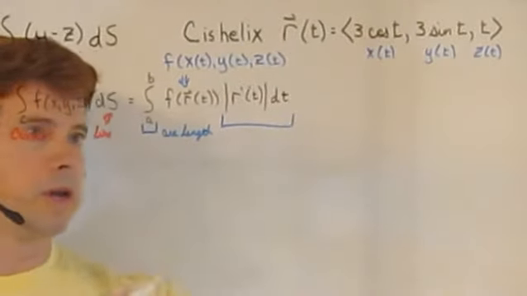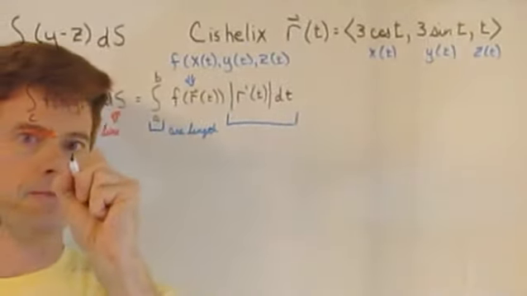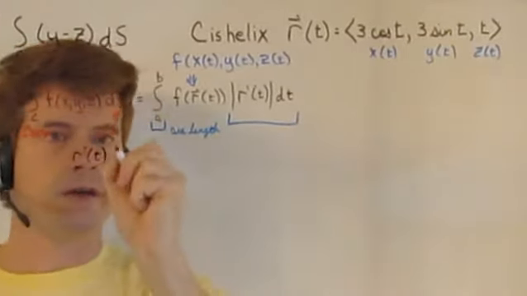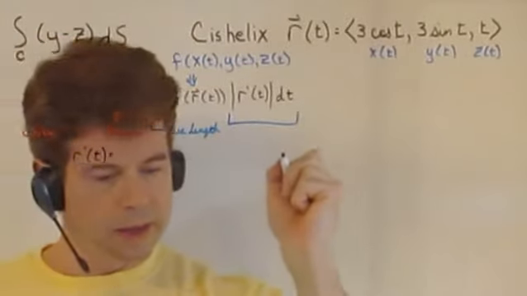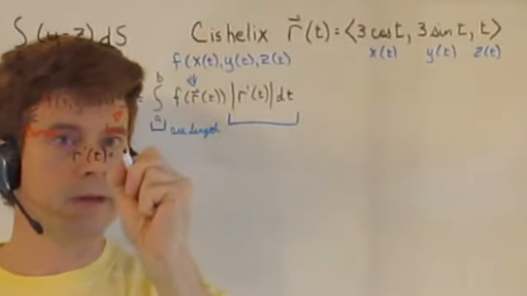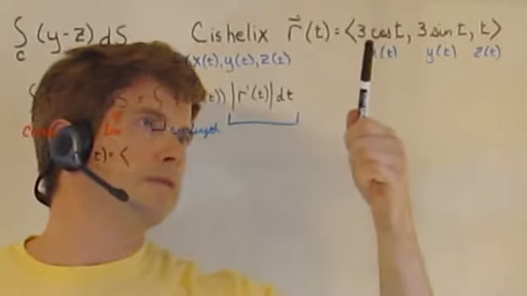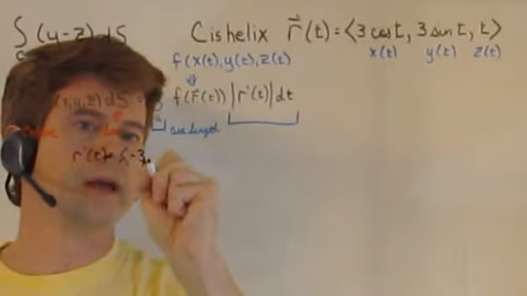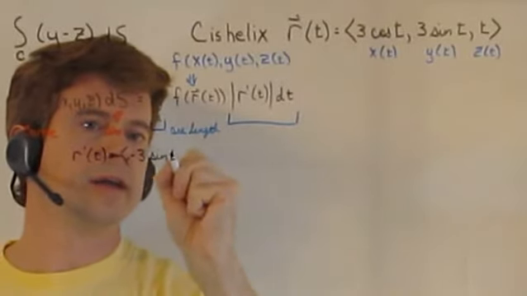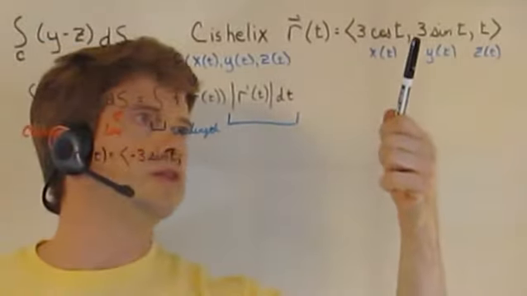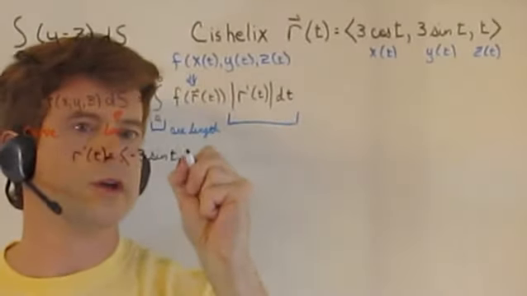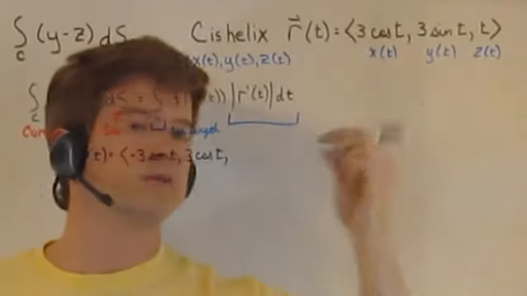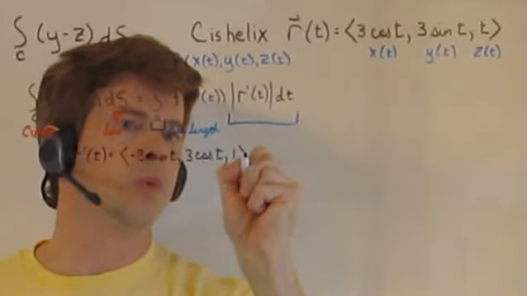So with that, we're going to need r prime of t. And plugging in our values here, we take the derivative of 3 cosine of t, that becomes negative 3 sine t, and then 3 sine t becomes 3 cosine t, the derivative of t just becomes 1.